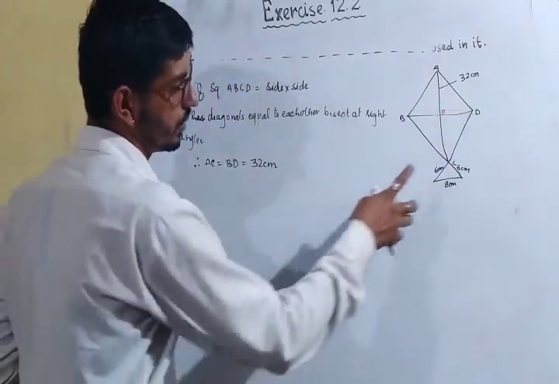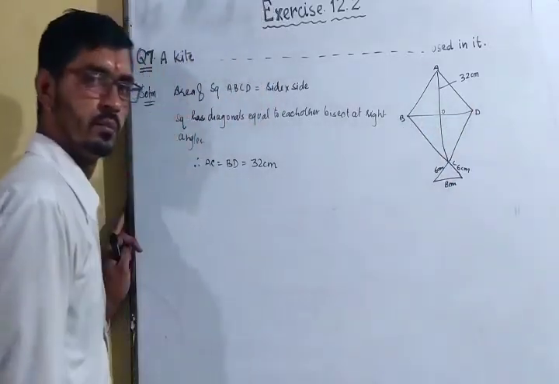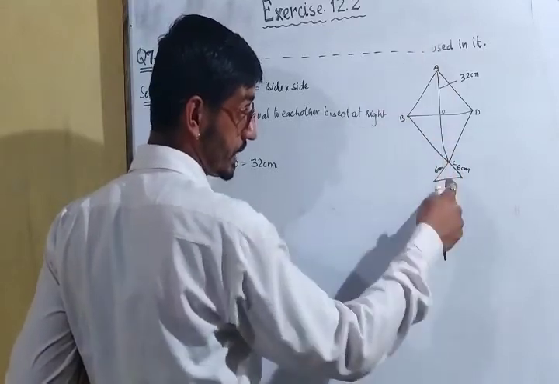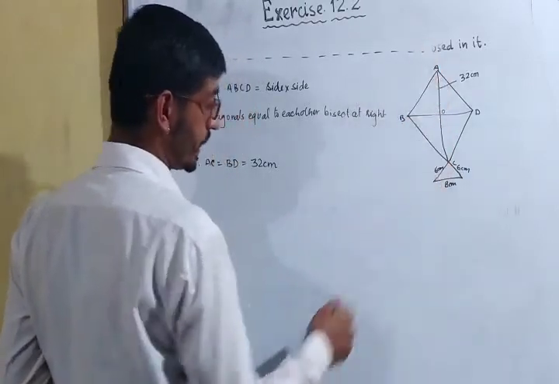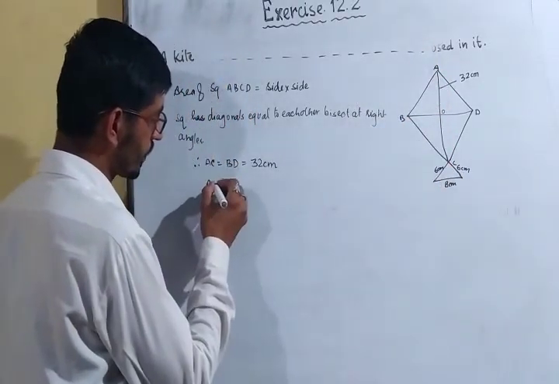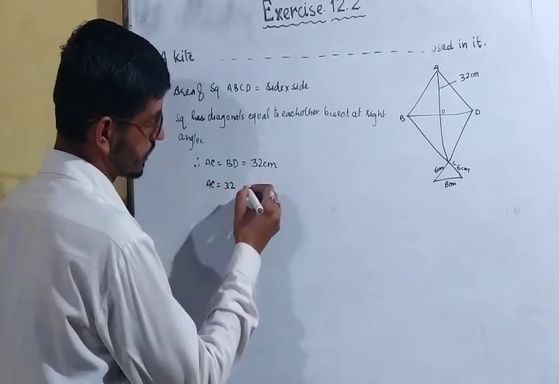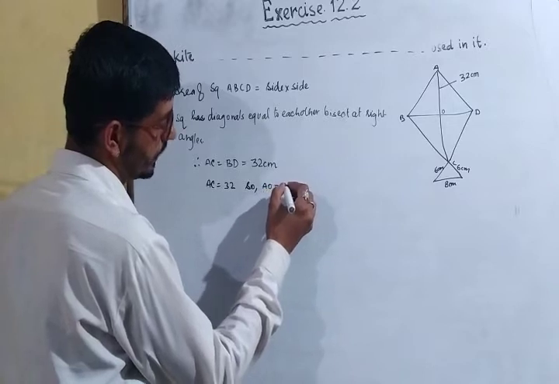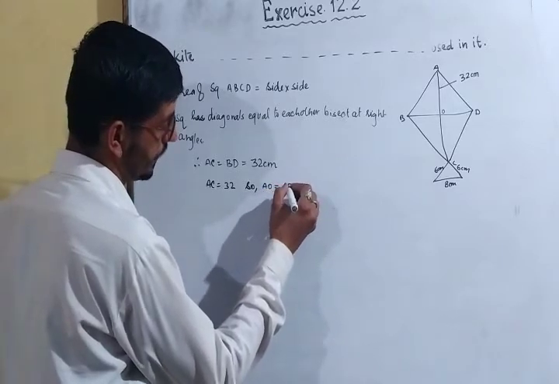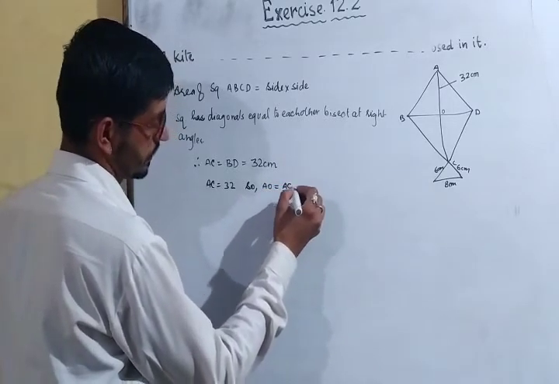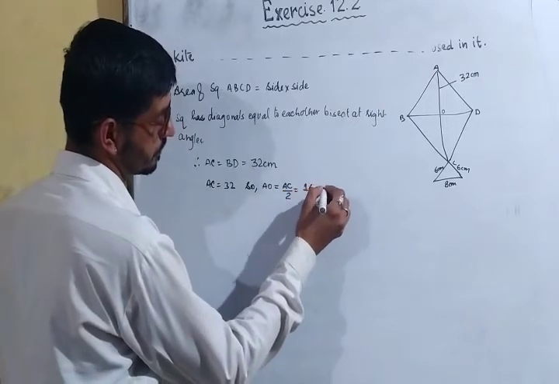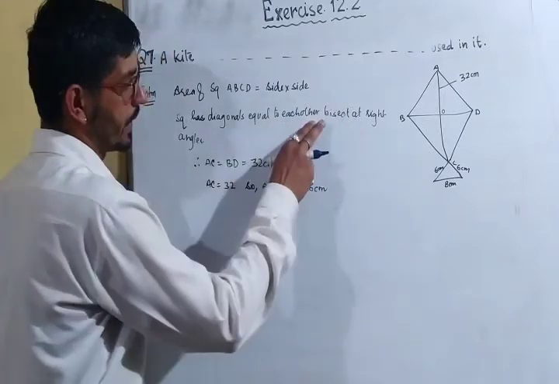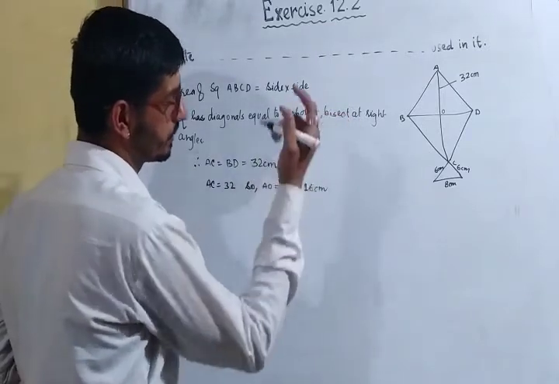Now, in triangle OCD, diagonals bisect each other. If AC is 32 centimeter, so AO will be half of AC. That means 16 centimeter. We know that the diagonals bisect each other at right angles.